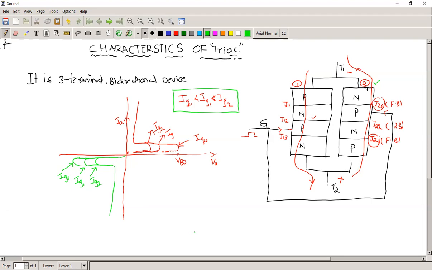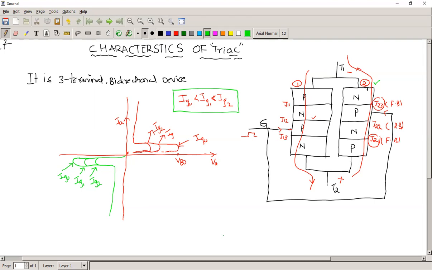But the characteristics of the triac are the same in this manner. Here we have taken the PNPN, but they are not taking the PN in this manner. They take it somewhat differently.